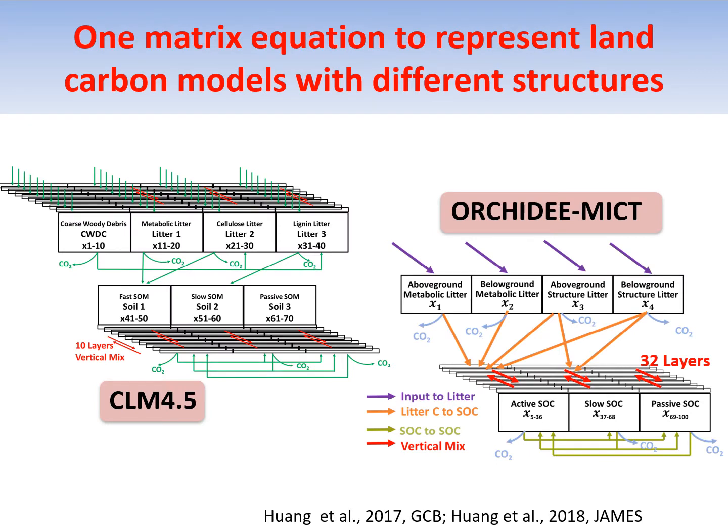As I mentioned earlier, this matrix version of the carbon model is especially handy if we have many carbon pools in our system. Here is an example of the litter and soil organic carbon component of the CLM 4.5 model with 70 carbon pools and the ORCHIDEE MICT model with 100 carbon pools.